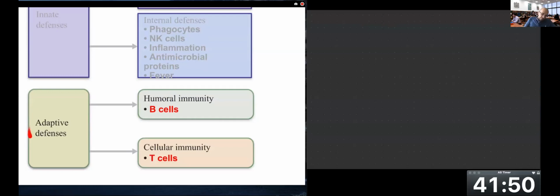Moving on to the adaptive defenses, in which I'm relying on a special type of immune cells. Those are my lymphocytes. If you remember back from the previous chapter when we discussed the different types of white blood cells, we've discussed a type of white blood cells that we've called the lymphocytes.